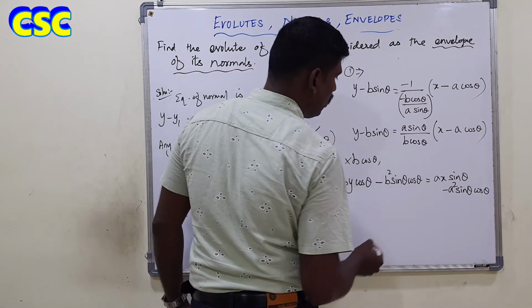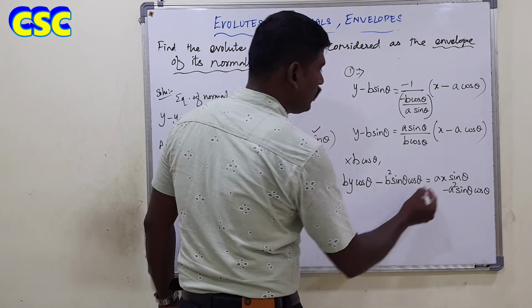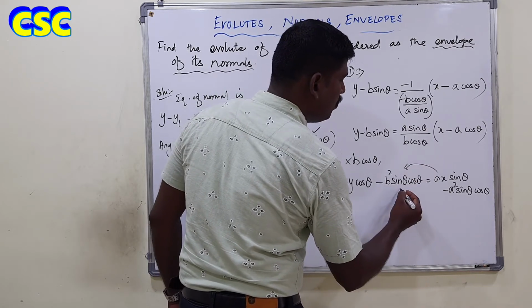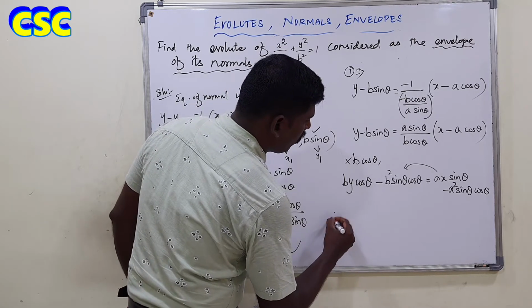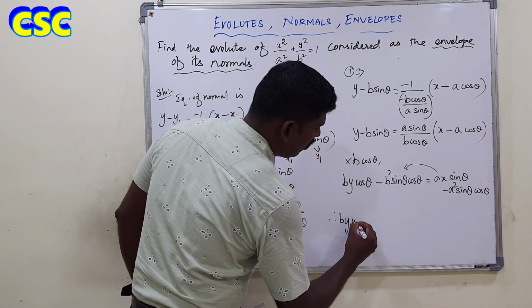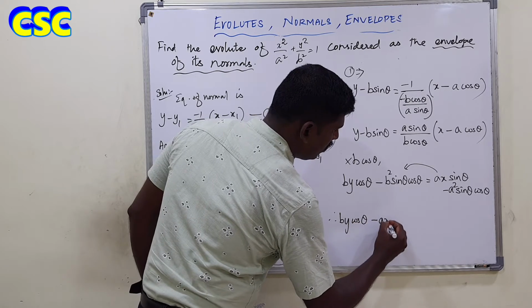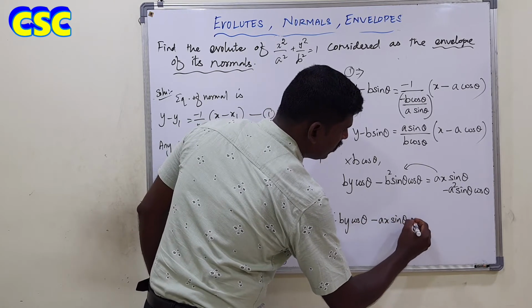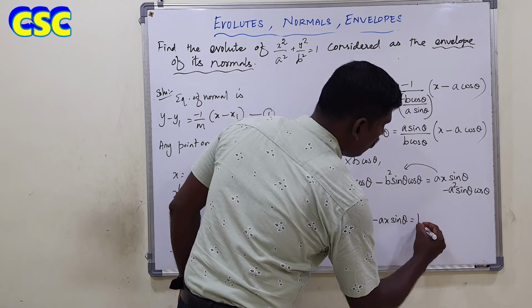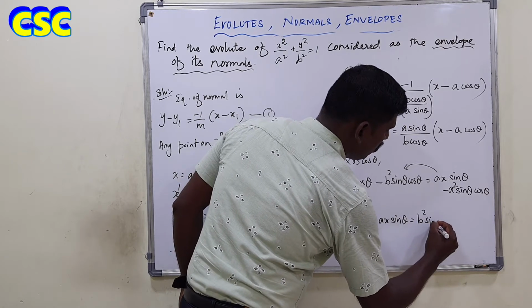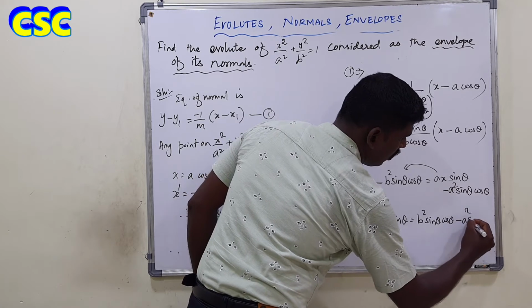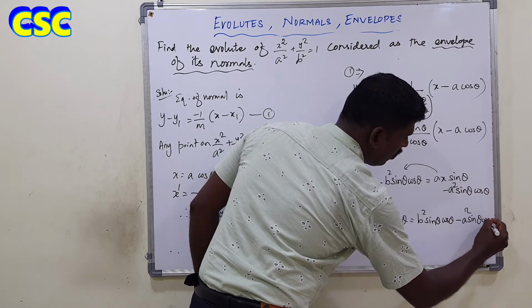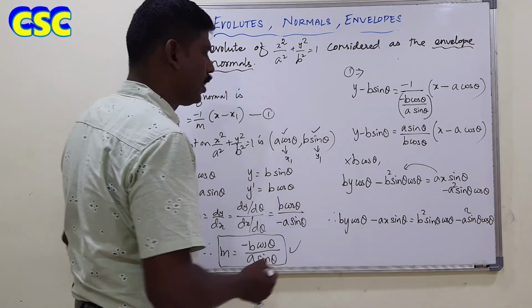Now I am going to take this ax to the left hand side, this b square sin theta cos theta to the right hand side. Okay, therefore what you will get? By cos theta minus ax sin theta equal to what? B square sin theta cos theta minus a square sin theta cos theta. Okay.